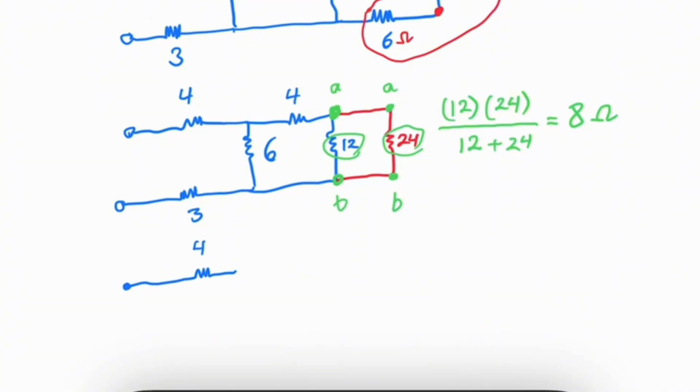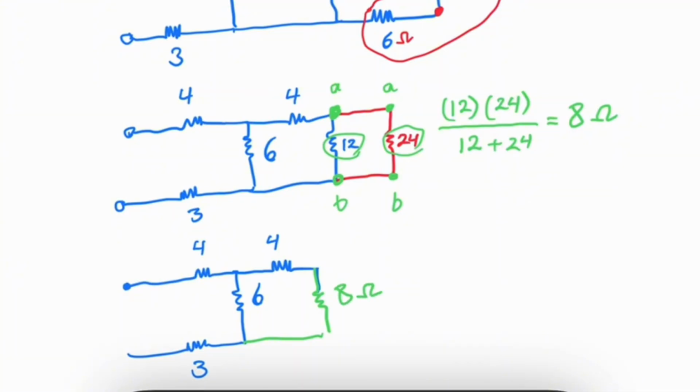I have 4 ohm here, 6 ohm here, 3 ohm here, 4 ohm here, and this is going to be replaced by an equivalent resistor with 8 ohm. Now you can see that this 8 ohm, since they are only sharing one node, is in series with the 4 ohm resistor. 8 plus 4 gives me 12 ohm.